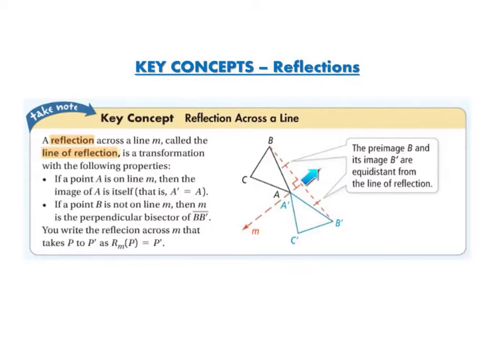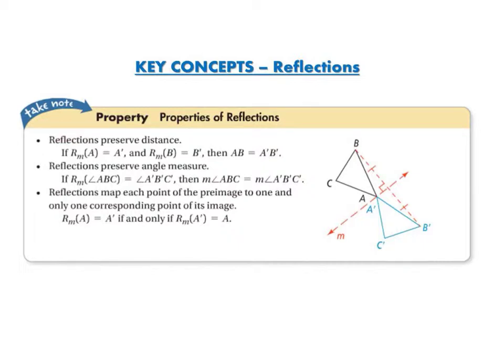So just remember the line of reflection: points on the pre-image are going to be the same distance from the line as the points on the image that you have reflected. Again, reflections preserve distance.